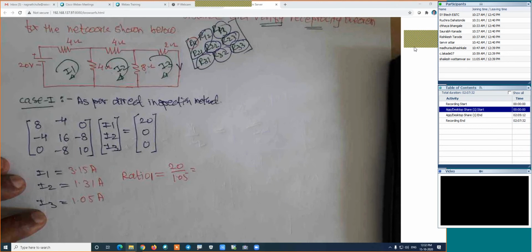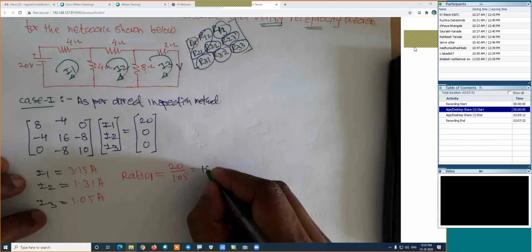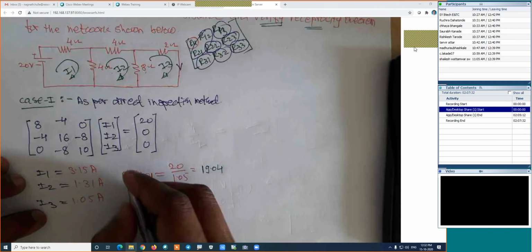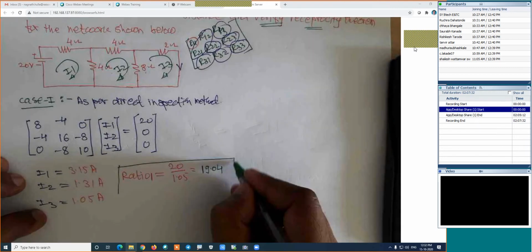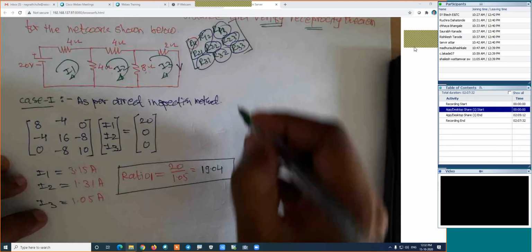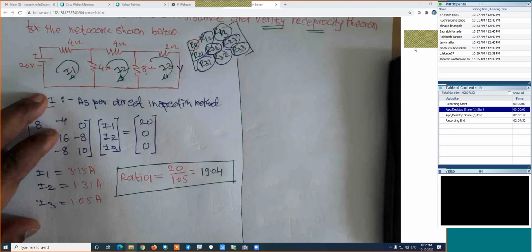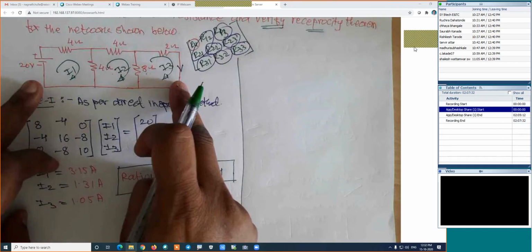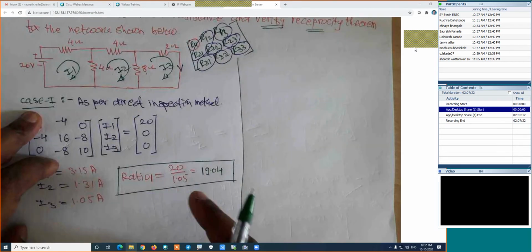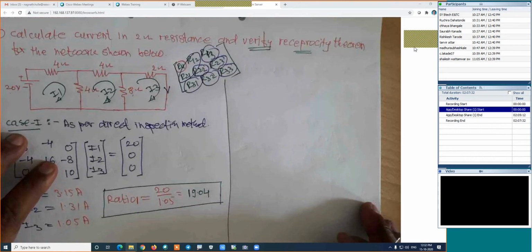So 19.04 is the ratio for case 1. If we calculate for case 2, just by changing the positions of V and I, this ratio must be the same, and that is nothing but the reciprocity theorem.